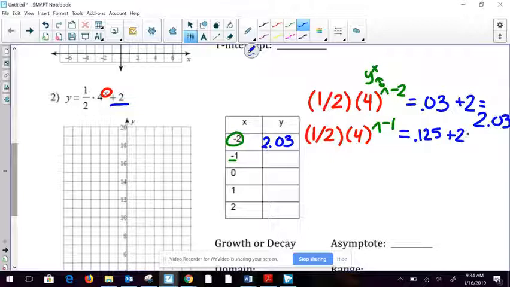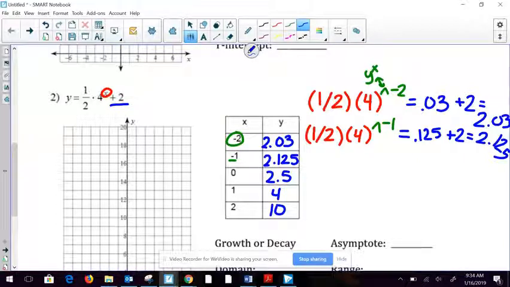Now I add 2 to it, and I get 2.125. So that's what goes in my separate blank. Hit pause now and try to enter in 0, 1, and 2. Did you get the numbers that I got?